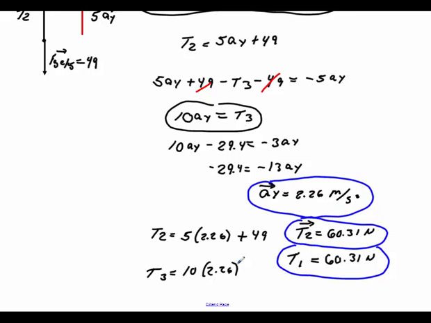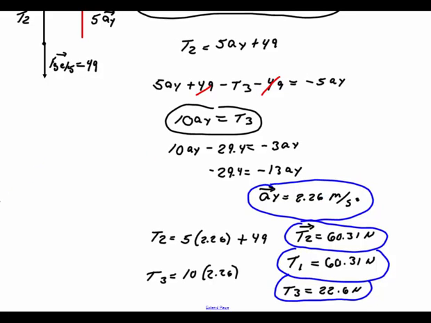So 2.26 times 10 gives us 22.6 newtons. So T3 is equal to 22.6 newtons. And now we found the tensions in all three cables, and we also know the acceleration.